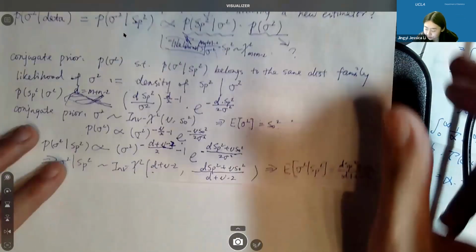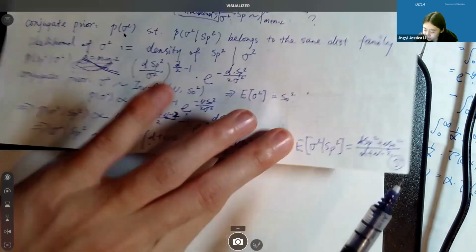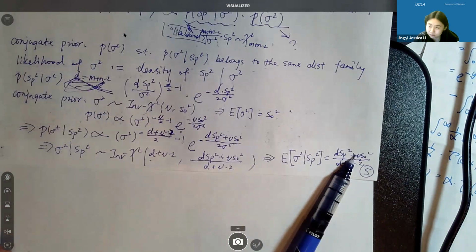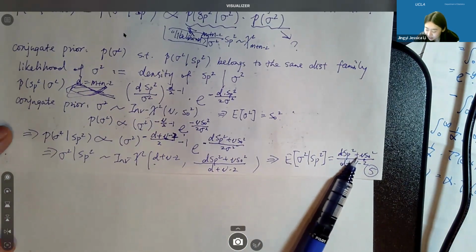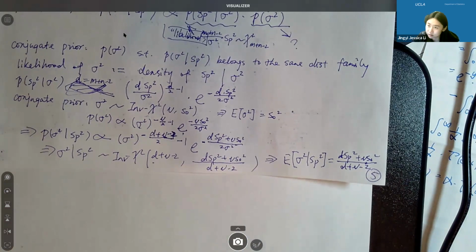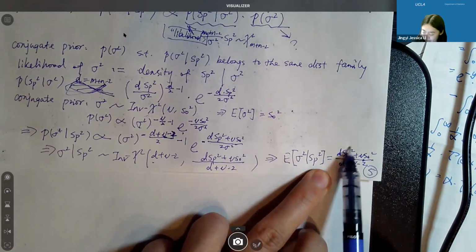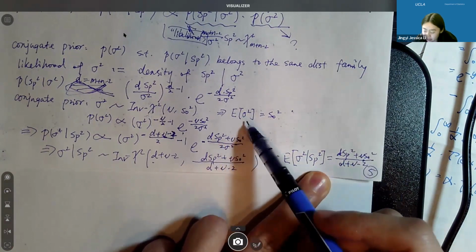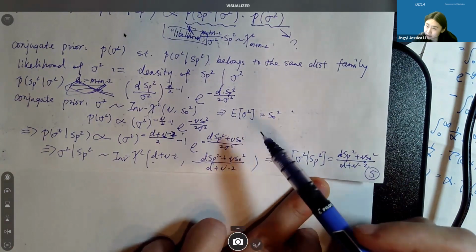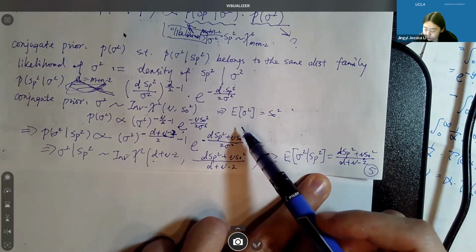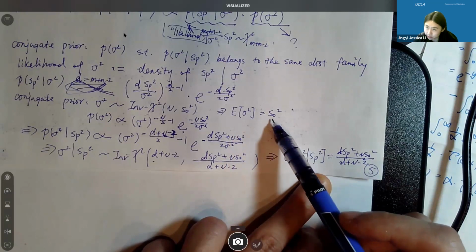So D is the degree of freedom from our data, from our sample, while this V is the first parameter in our prior inverse chi-square. And this V is playing a similar role as that degree of freedom. And Sp squared is what we estimate from data, the pooled sample variance, while S0 squared is the expectation of sigma squared under the prior, which means that if you don't see data, if you just want to guess a value for sigma squared, you would guess S0 squared.